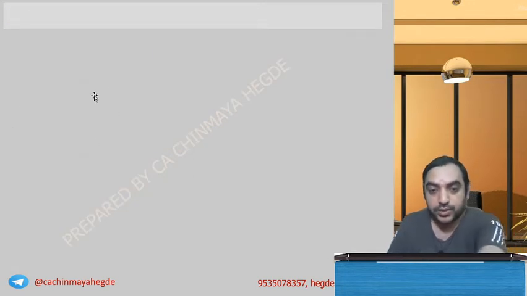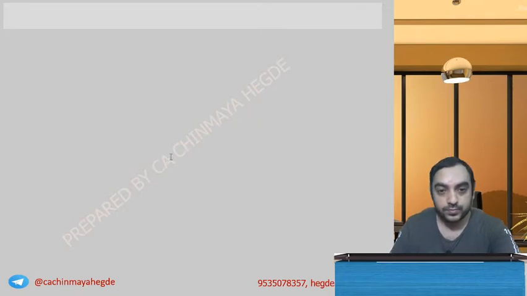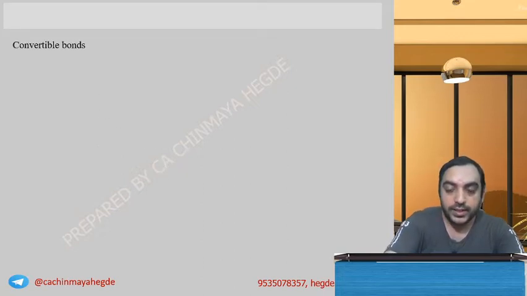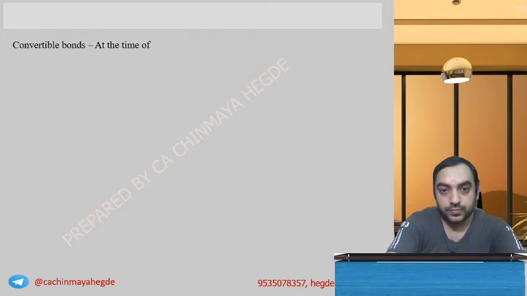So convertible bonds, at the time of issue, equity component. First, total proceeds: two million, that is 20 lakh.